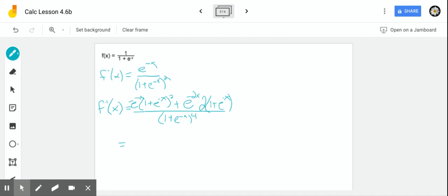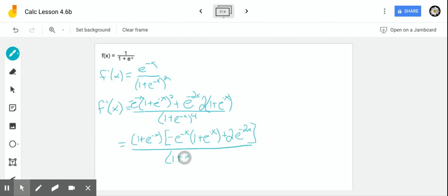Now, from this step, we definitely want to factor out a 1 plus e to the negative x. And that is going to leave us with negative e to the negative x times 1 plus e to the negative x to the first plus 2e to the negative 2x, all over 1 plus e to the negative x to the fourth.